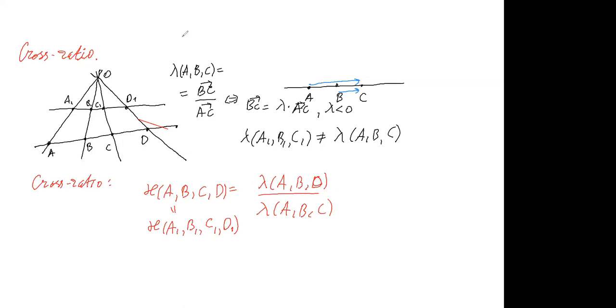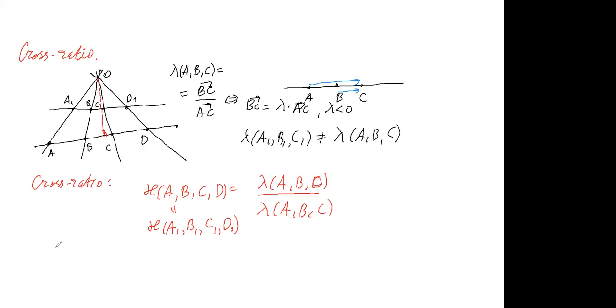I begin with observing that the triangles AOC and BOC have the same height. If you draw a height from O to the straight line ABC, it will be common for AOB and BOC, for all the triangles.